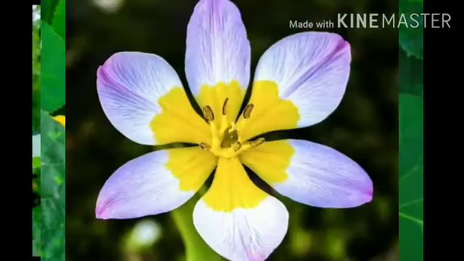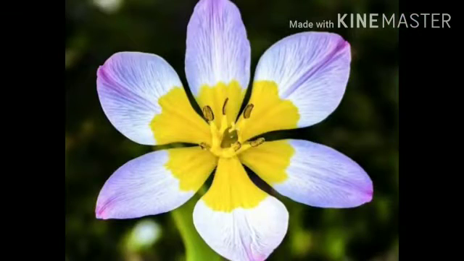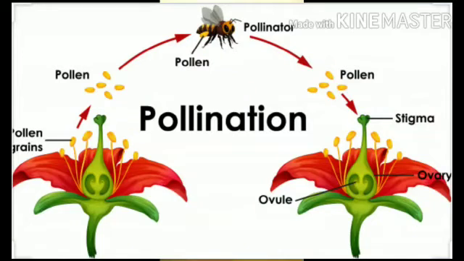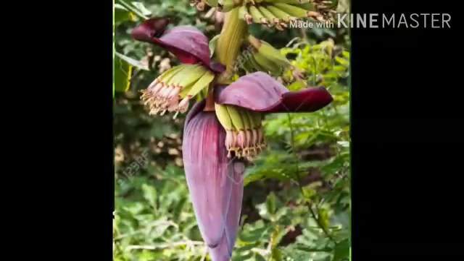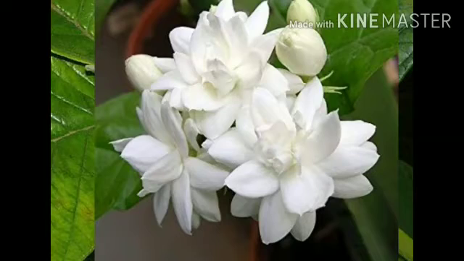Pigments present in the petals give them different colors and variety of colors in the flowers. Plants which are pollinated by the moth and bats release their fragrance mostly at night and have colorless petals like mango, banana, guava, jasmine, etc.